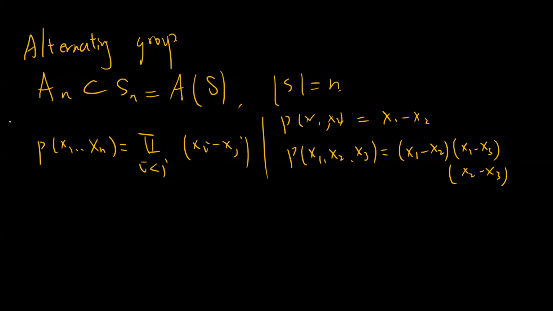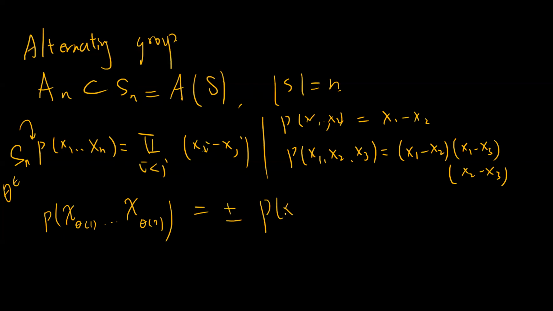Okay, now I want the group to act on this p. So acting on it, let's say we pick theta, right? So we get p(x theta(1), ..., x theta(n)), so we just permute the variables. It's clear that since it permutes these two, this just becomes plus or minus p(x1, ..., xn).